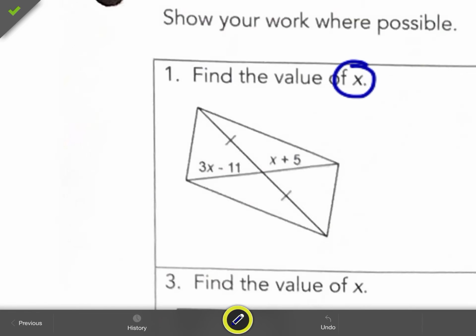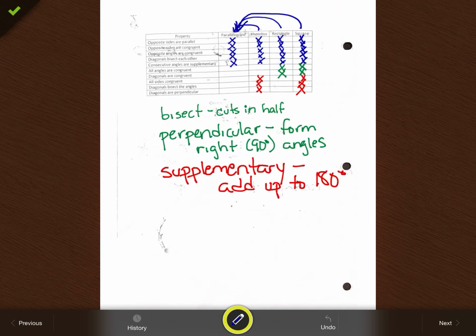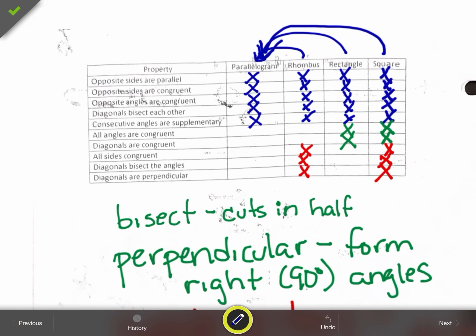And so I look, 3x minus 11, that's part of a diagonal. X plus 5, that is another part of a diagonal. So I know I'm going after something about a diagonal. Okay, here's where my chart comes in handy. I don't have these memorized yet, so I need to look.